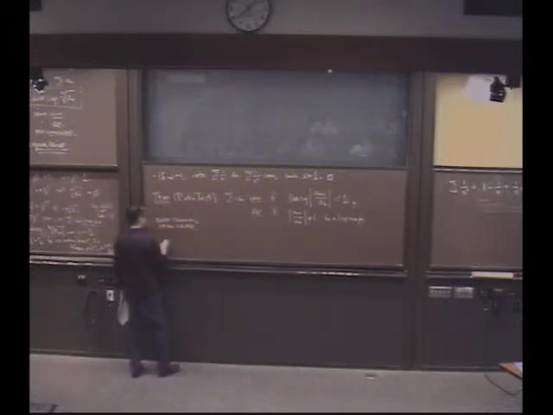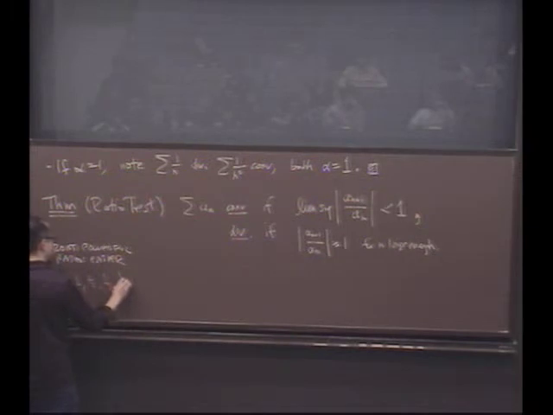So you might imagine a sequence like, how about this one? 1, 1, 1 half, 1 half, 1/3, 1/3, and so on. Well, every other ratio of successive terms is going to be 1 here, isn't it?